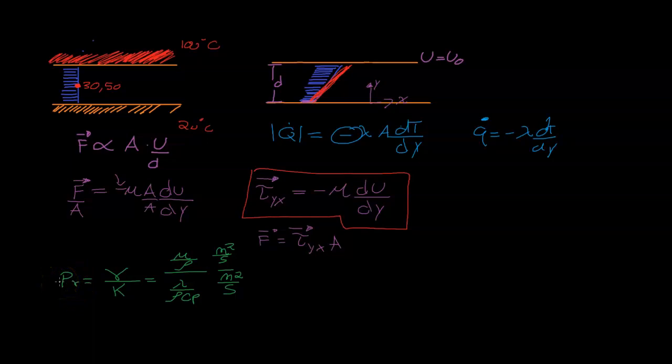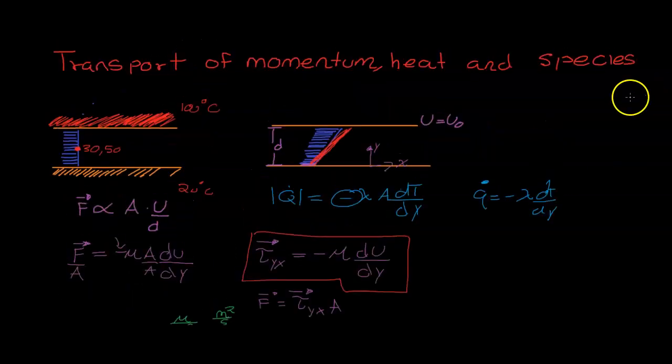So I think that's all I wanted to show you in this video, and there is some very similar law as well. We said this is Newton's law, and this is Fourier's law, and there is another law for the transfer of a species, which is called Fick's law. Fick's law is something you can look up on Google, but it's going to have a very similar form, which is simply like a composition.